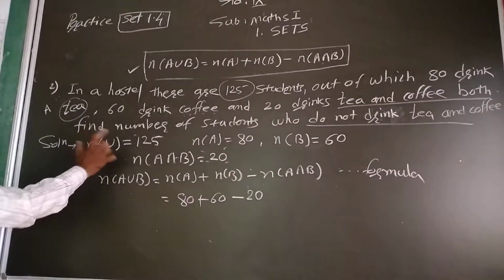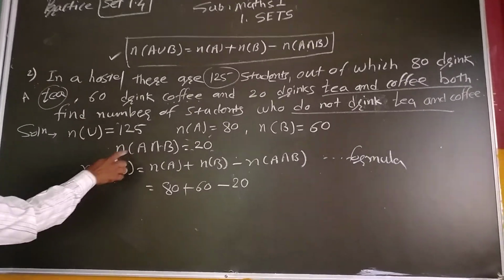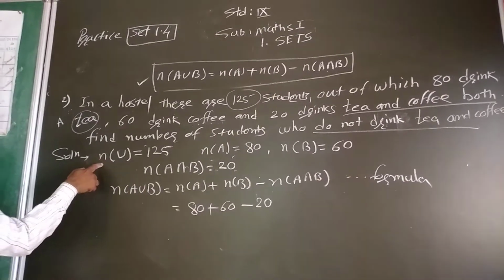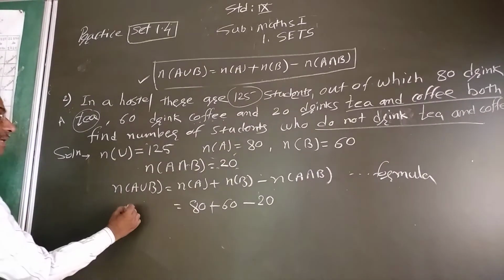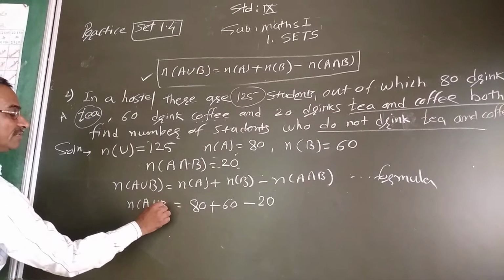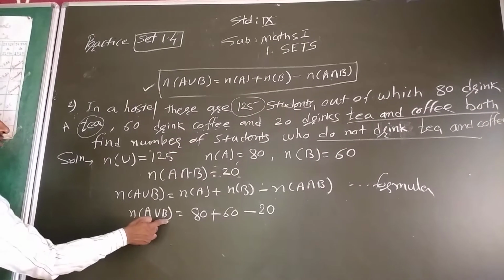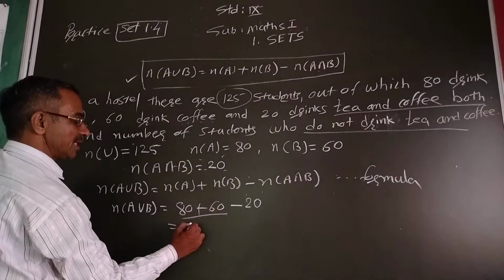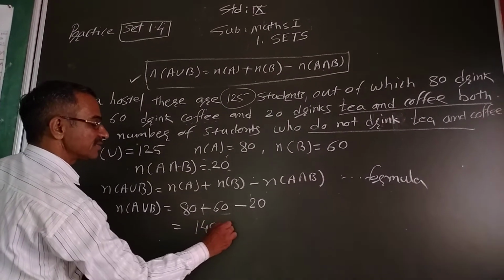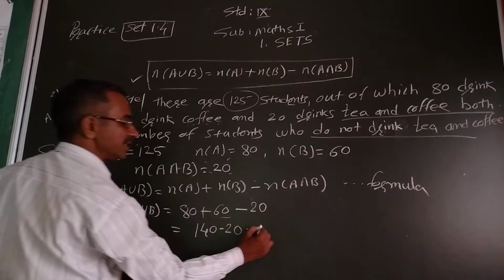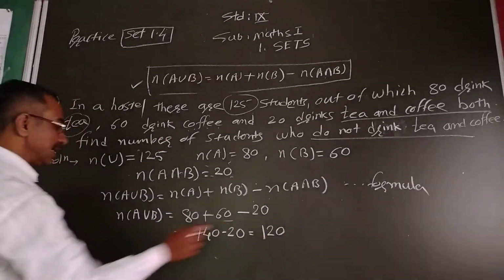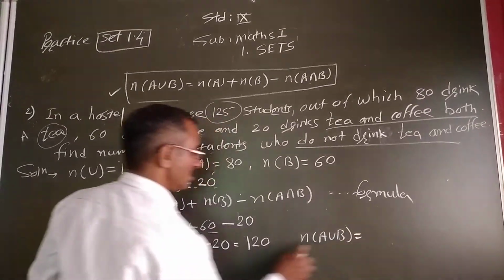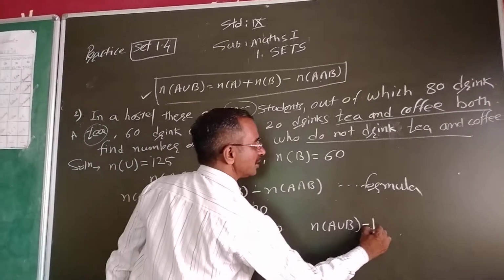Number of elements in the universal set is not equal to A union B, so it will remain as it is. Firstly we find number of elements in A union B. By adding 80 plus 60 we get 140, minus 20, 140 minus 20 how many? 120. We get the number of elements in A union B is 120.